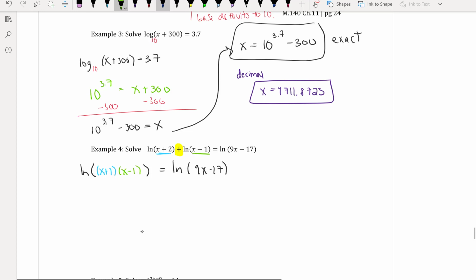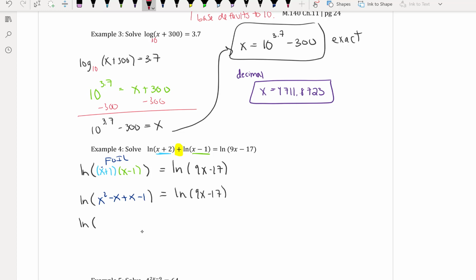So I'm going to go ahead and FOIL this out. So I'm going to have my ln of x squared minus x plus x minus 1 is equal to my ln of 9x minus 17.